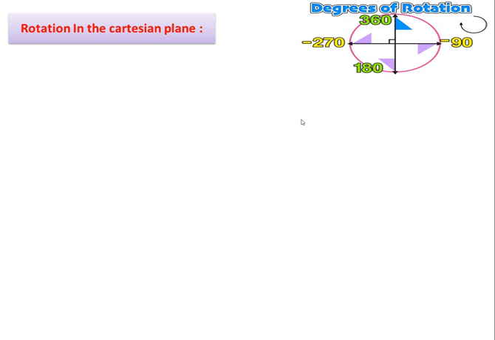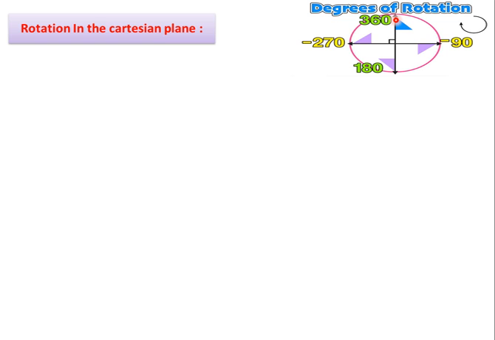Now, talking about rotation in the Cartesian plane or the coordinate plane, let's show the degrees of rotation. We have four angles, and this point is the starting point.